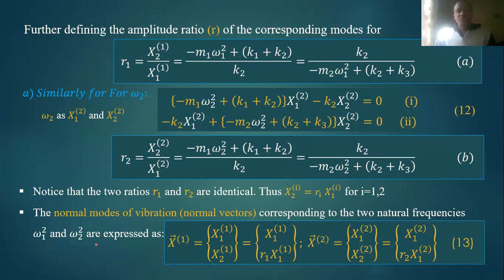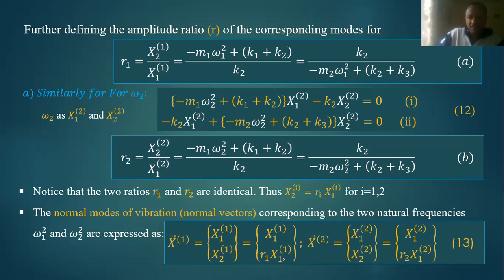The normal modes of vibration corresponding to the two natural frequencies, omega 1 and omega 2, are given in vector form. So the vector x in the first mode is equal to this for the first mode representation. We can also substitute, rather than x2, R1 X1.